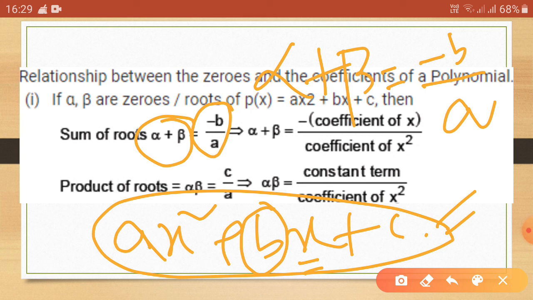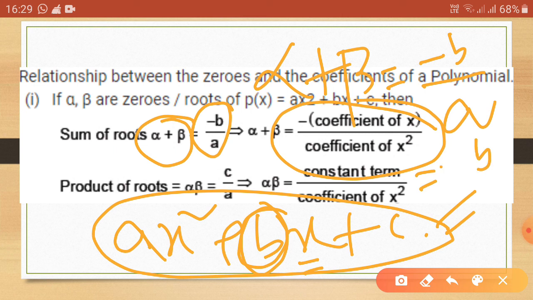So here it is b. So alpha plus beta equal to minus b by a. So we can write that alpha plus beta means minus of the coefficient of x by the coefficient of x square. The coefficient of x here is b, and we put a minus sign in front, divided by the coefficient of x square. What is the coefficient of x square in this expression? That is a. So we have to write minus b by a.